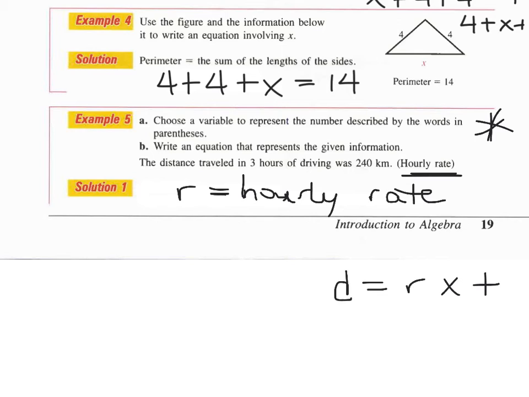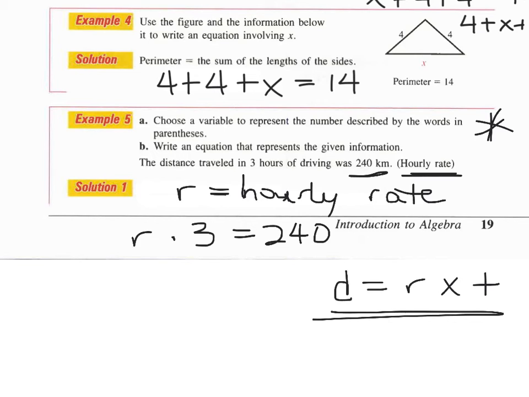And now I'm going to replace the rest. So here, if I know that distance is rate times time, I'm going to replace what I know. I know my time was 3 and my rate was R. And I know the distance was 240. Now again, I'm going to rearrange this. Right here, I just plugged it into how I wrote it.